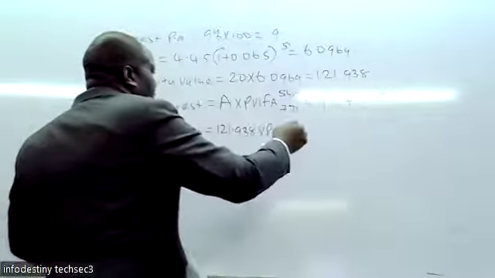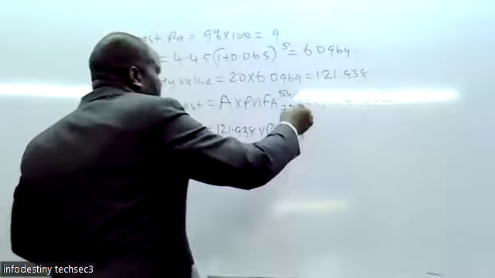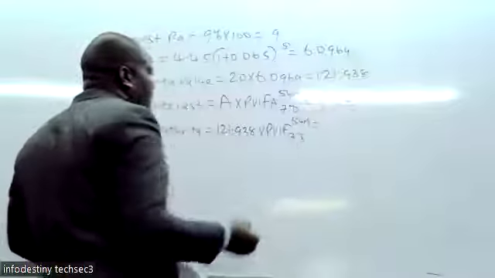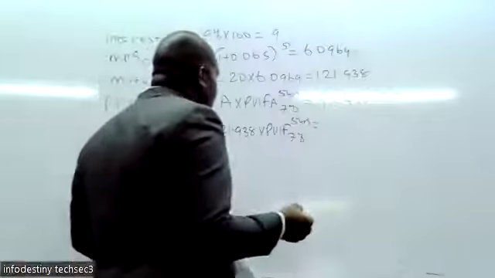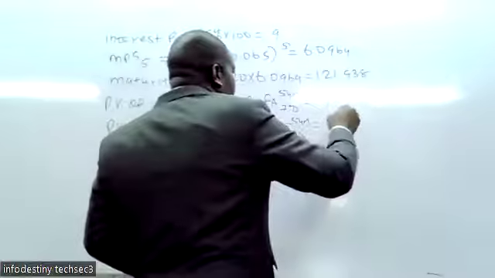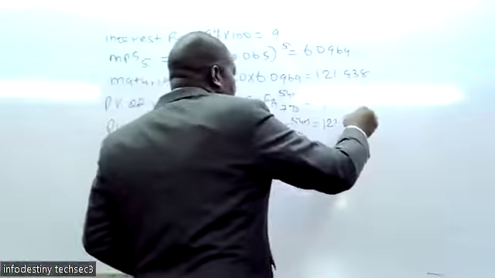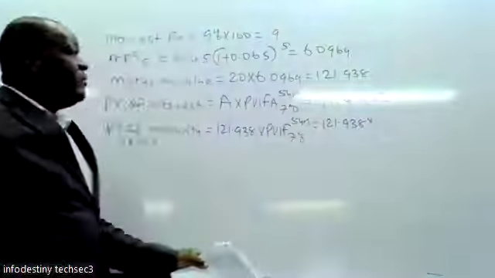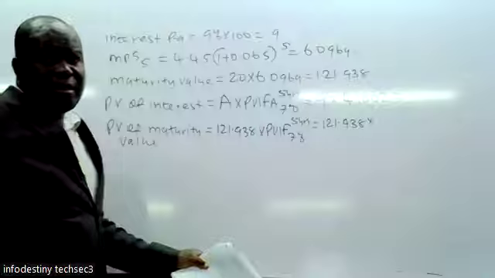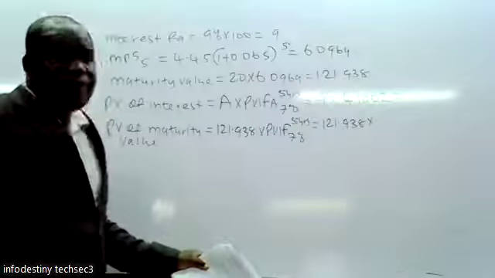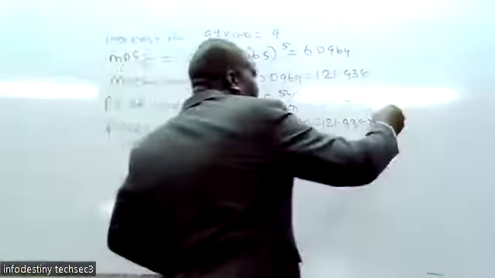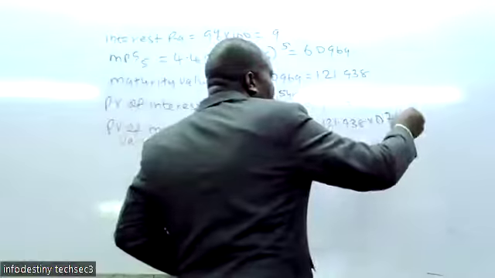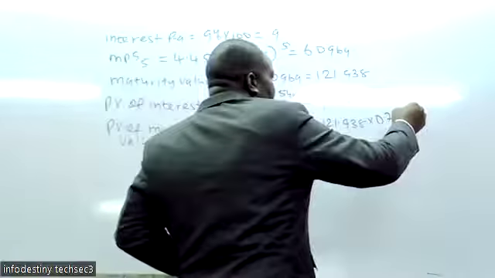So the present value interest factor at 7% for 5 years. You simply take 151.938. So confirm what is 7% in year 5. 0.7130.